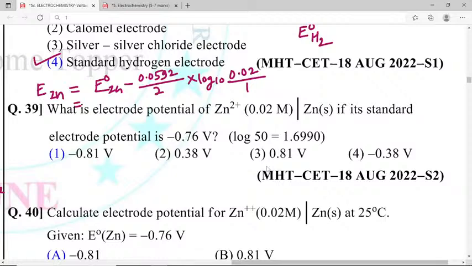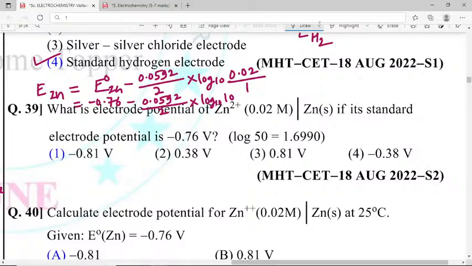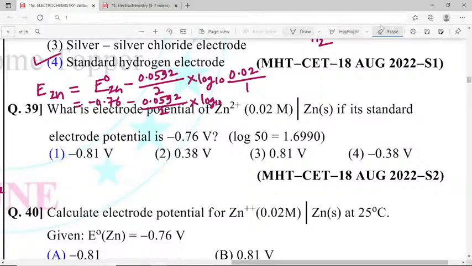Minus 0.76 minus 0.0592 divided by 2 multiplied by log to the base 10 of 2 into 10 to power minus 2.